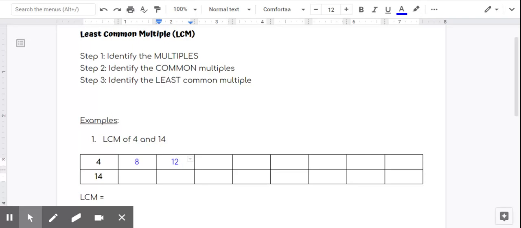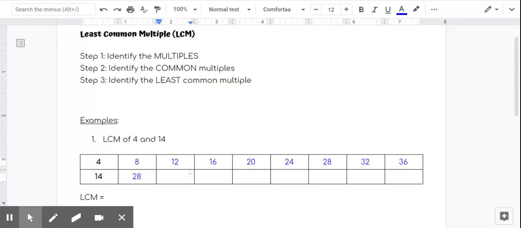So we have 4, 8, 12, 16, 20, 24, 28, 32, and 36. Now we're going to do the same thing with the 14. Well, 14 times 1 is 14. 14 times 2 is 28.